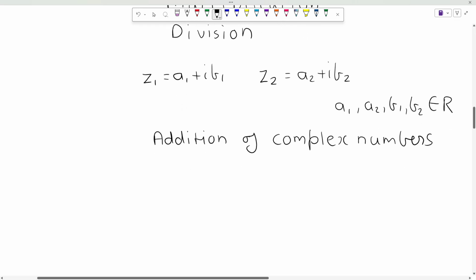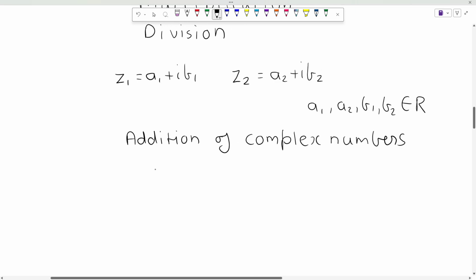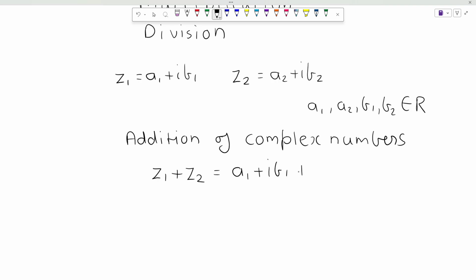Now let us add z1 and z2. So z1 plus z2 will be equal to a1 plus iota times b1 plus a2 plus iota times b2. Now let us take real parts and imaginary parts together.